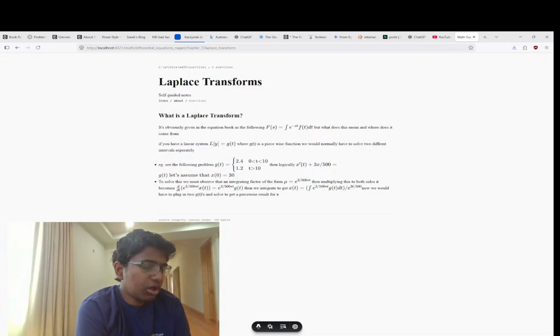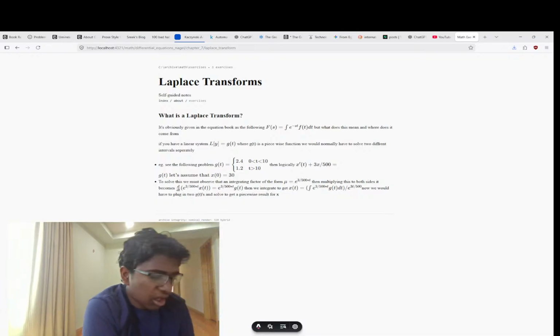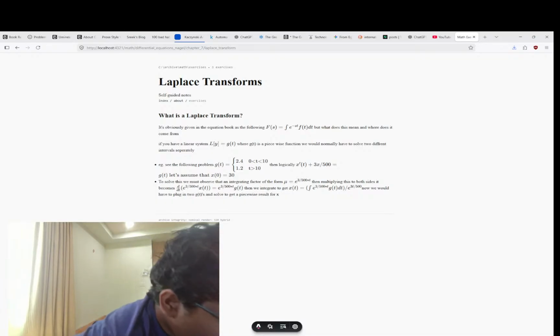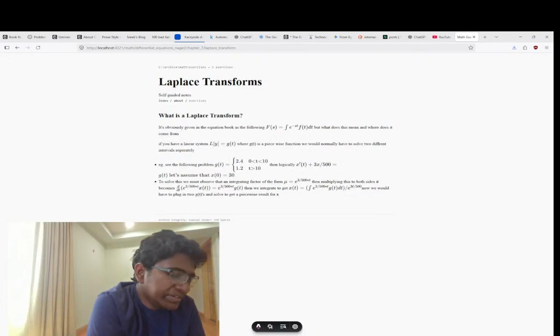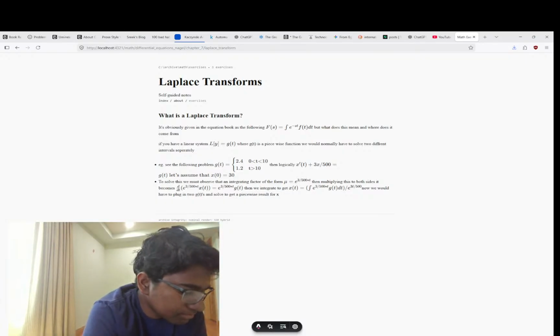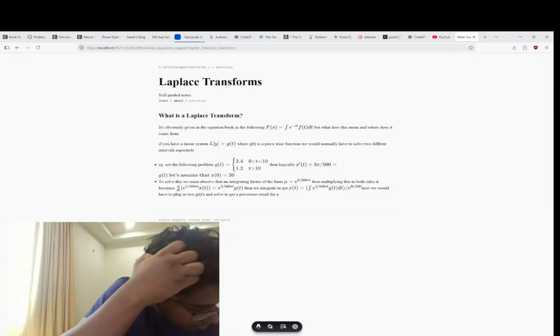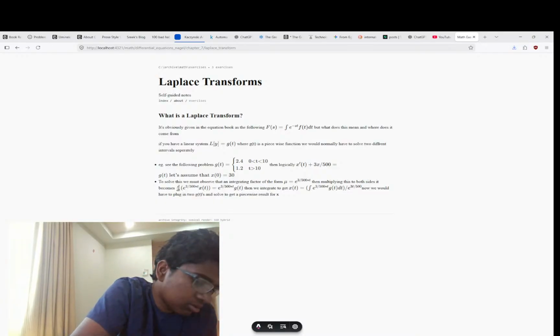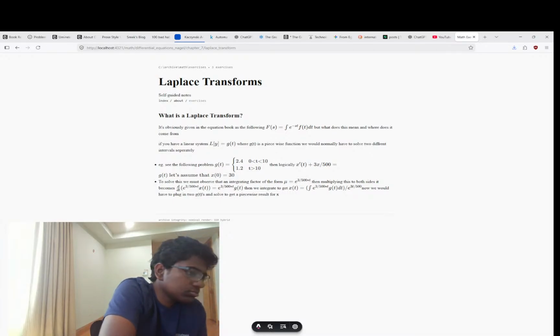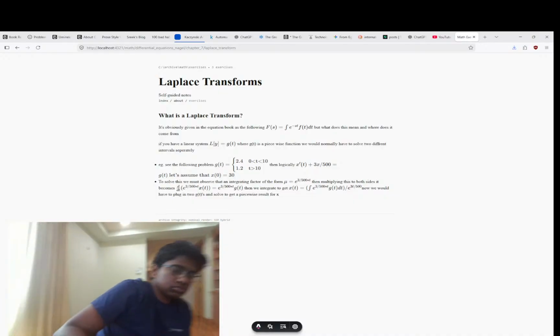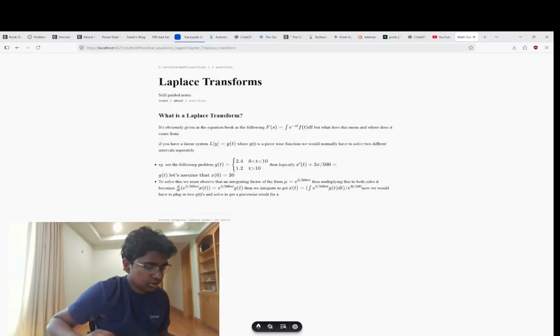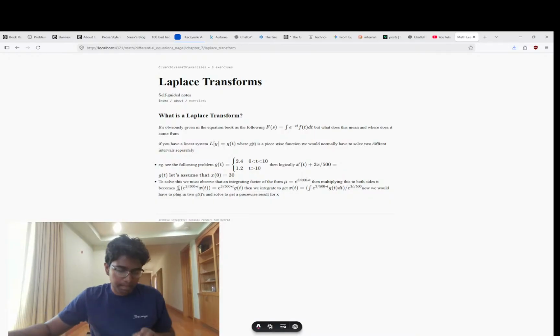X of s is the Laplace transform, and x prime of t becomes an algebraic expression, where g of s is the Laplace transform.